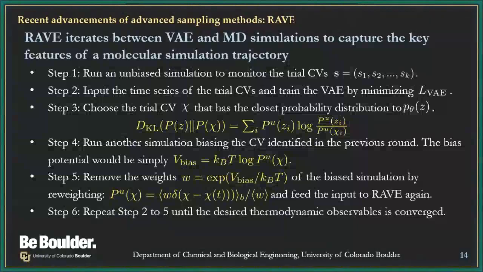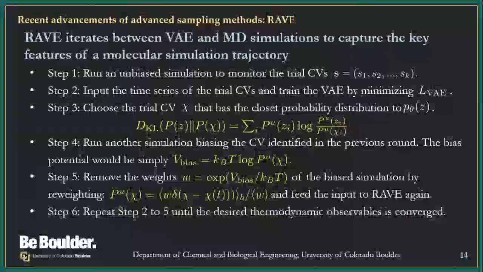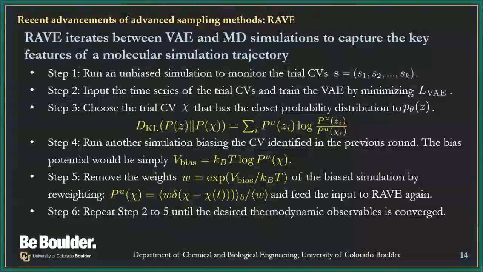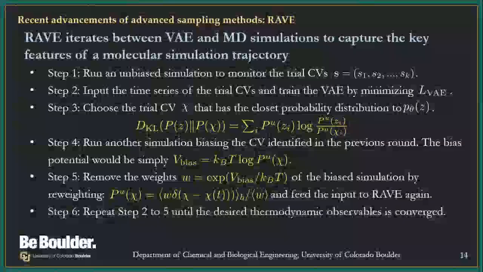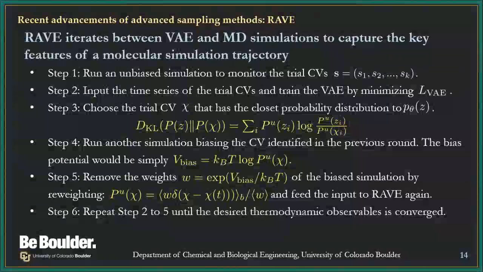Then we use this new optimal CV to bias the next MD simulation, reweight the data, and feed it back to the RAVE algorithm, and so on. That is, we basically repeat step 2 to step 5, iterating between the variational autoencoder and the MD simulation until the desired thermodynamic observable is converged.